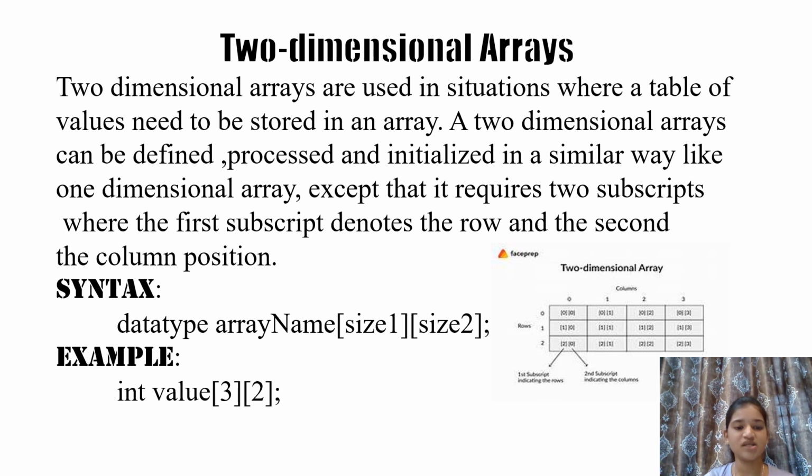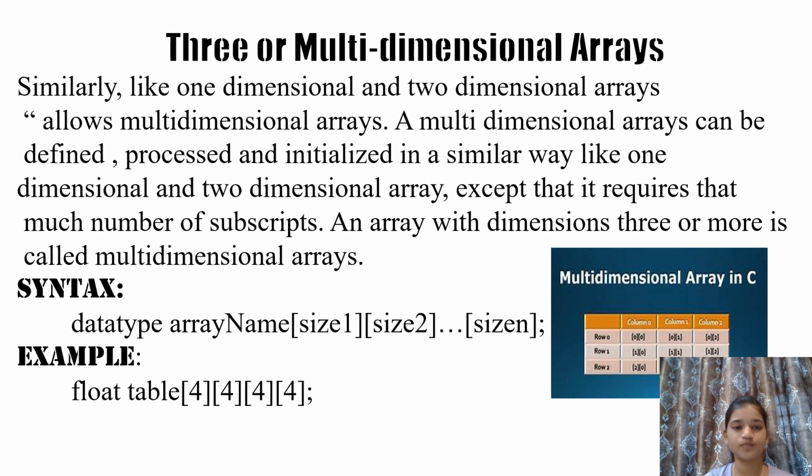Here also we have the syntax: data type array name[size1][size2], and so on till size n. Example: the data type is int, the array name is value, size 1 is 3 and size 2 is 2: int value[3][2].